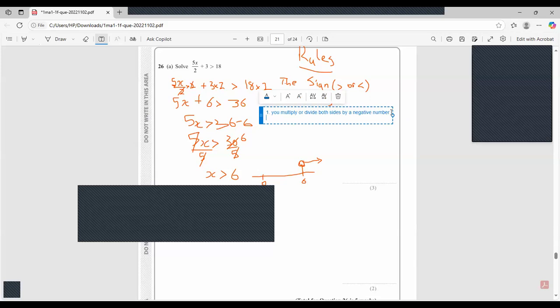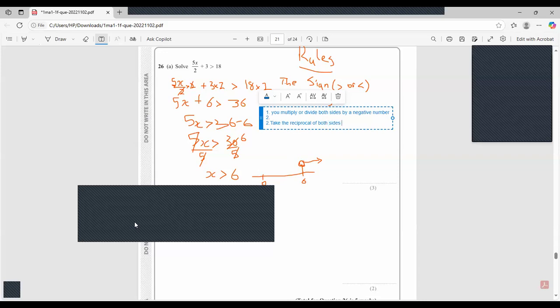Number 2, another thing that causes the sign to reverse is when you take the reciprocal of both sides.